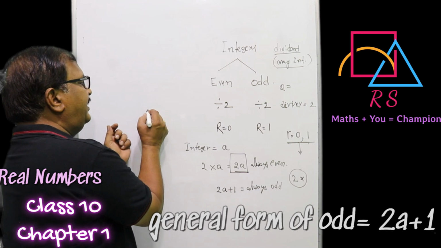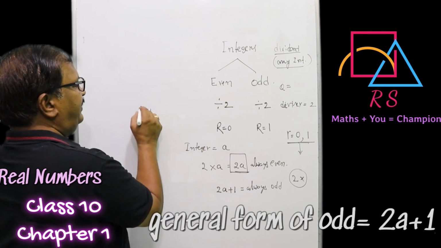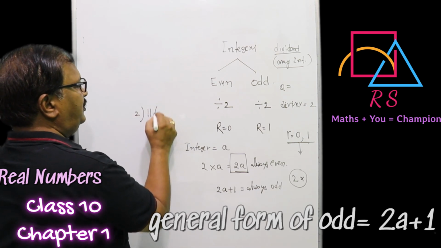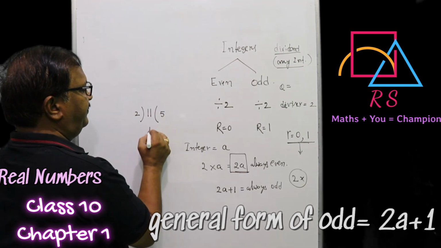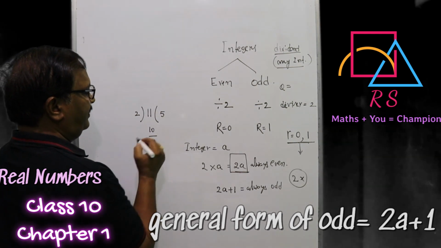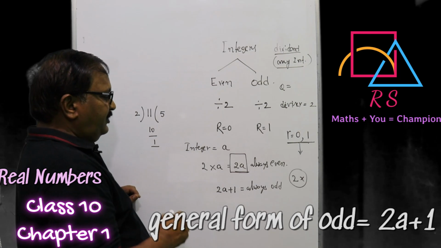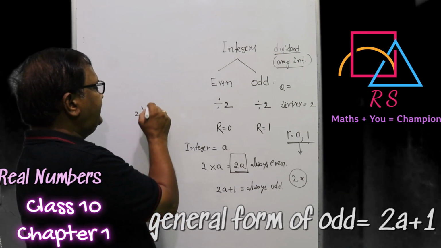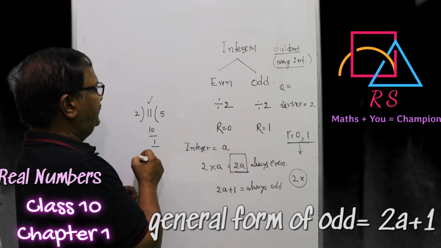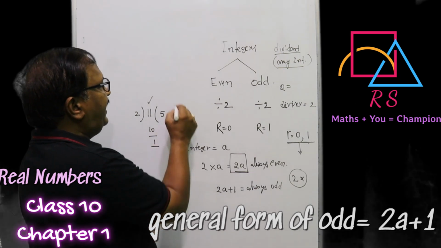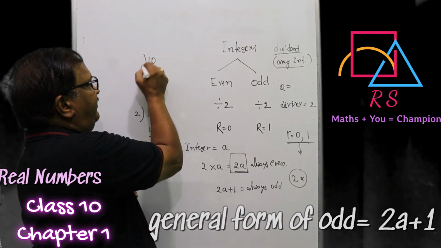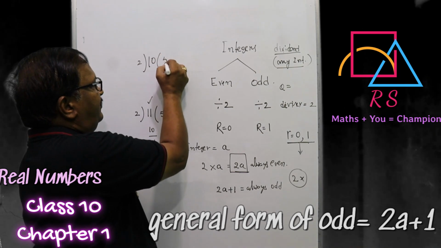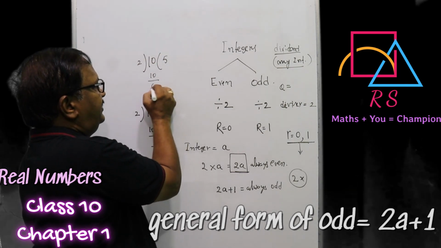For example, you take 11 divided by 2. Here you will get quotient 5 and remainder 1. So that means this is an odd number, right? If you take 10 divided by 2, it is equal to 5, remainder 0.